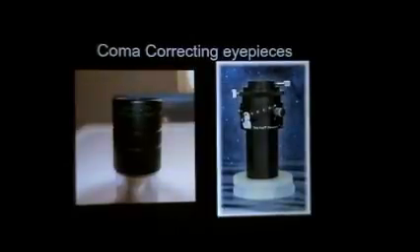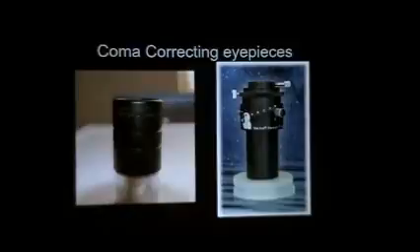It works great in the designed telescopes, like the telescopes it's designed for, which are these fast Newtonians. You put it in your refractor, and its correcting ability actually makes the view worse, because the refractor didn't have that problem to begin with. It has other issues. So eyepieces can be tailored and customized to help get rid of certain problems.